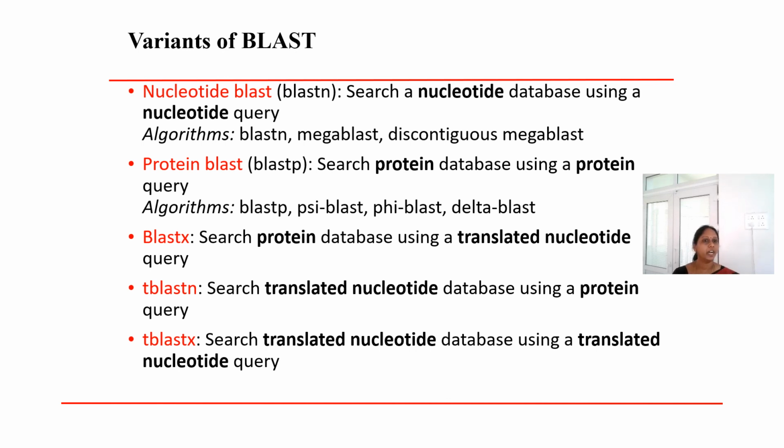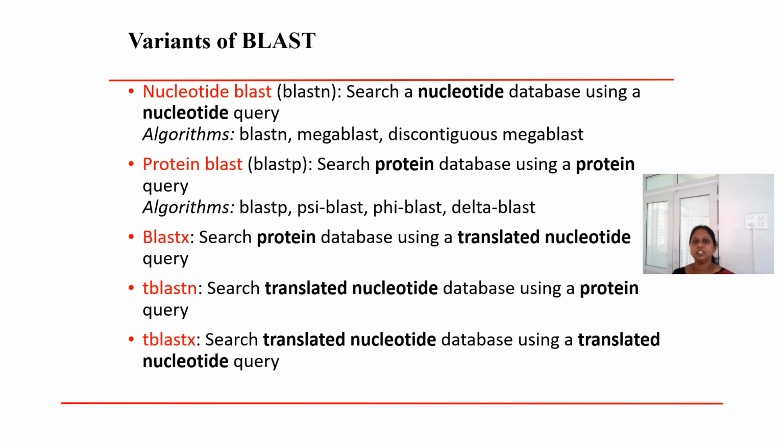As I said, you have different kinds of sequences, and you have the option to compare your sequence with different kinds of sequences. To start with, we have nucleotide BLAST, which is named BLASTN, where N stands for nucleotide. This BLAST will search a nucleotide database by using a nucleotide query. The query is your nucleotide sequence, which could be your own sequence or a sequence taken from the database.